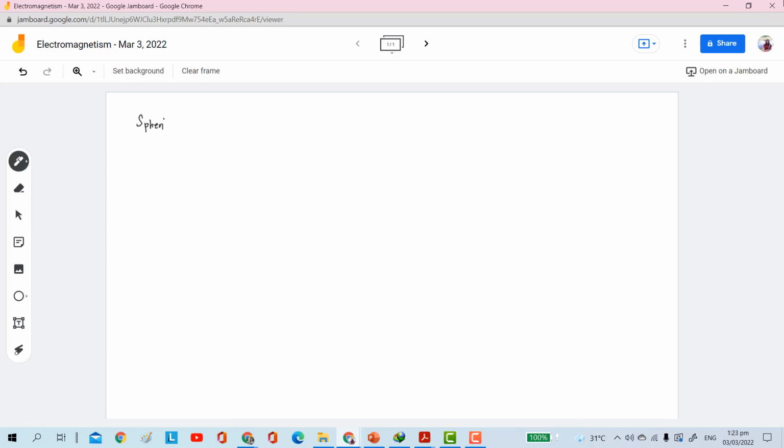For spherical coordinates, we know that the Laplace equation is equal to this one. So you have del squared V is equal to 0.